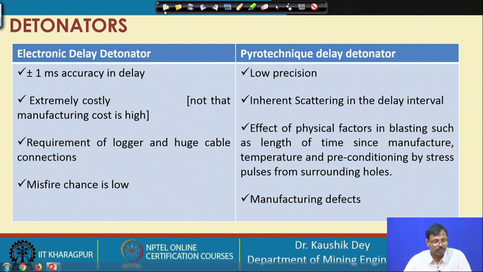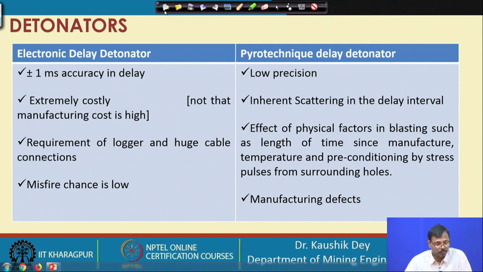Presently these are costing around 700, 1200, 800 rupees per piece, whereas pyrotechnic delay detonators may be 5 rupees, 10 rupees like that. However, the manufacturing cost of this electronic detonator is not very high. This cost is coming because of the technological development cost, so it will become very less with time.